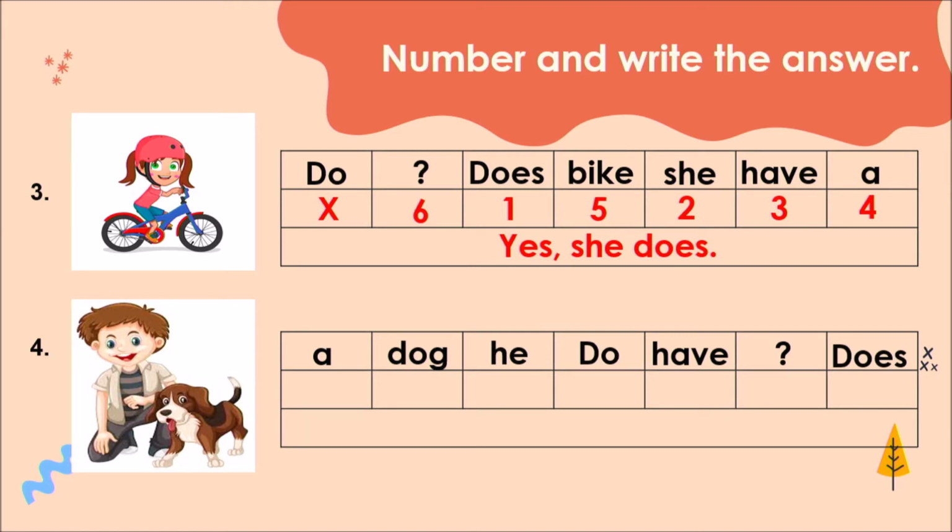Okay, we are pertaining to the boy. So what you will use? Do or does? Very good. You will use does. So you put cross with the do. Does he have a dog? Then the last one would be the question mark. And you may answer it with yes, he does.